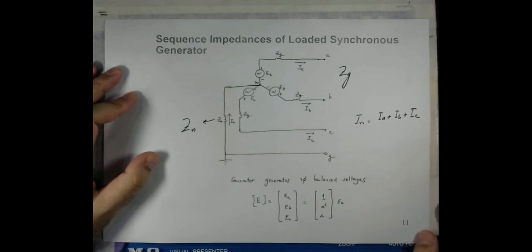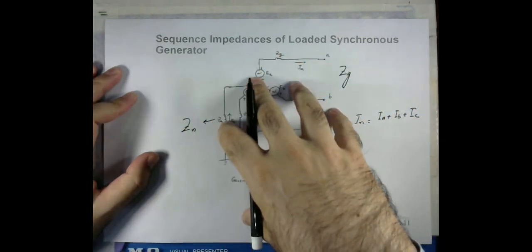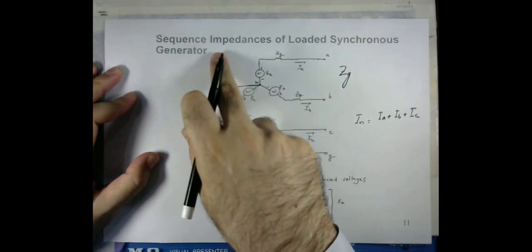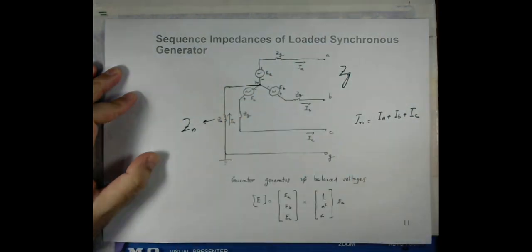Now let's talk about the sequence networks of the loaded synchronous generator. One can see here that the EMFs, or the generated voltages, are written in a matrix.